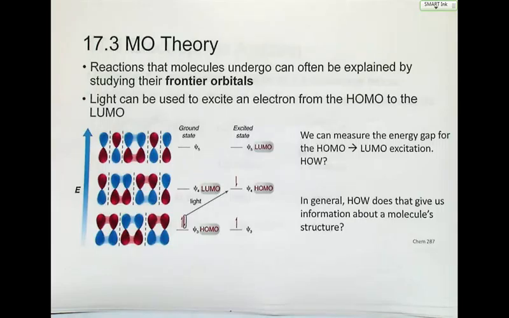So normally a molecule is in what we call the ground state, and for example, in this particular example, the HOMO is psi3. And when light impinges on this molecule, it's possible to excite an electron into a higher energy, into the LUMO, which then becomes the new HOMO. Right? We change the symmetry.